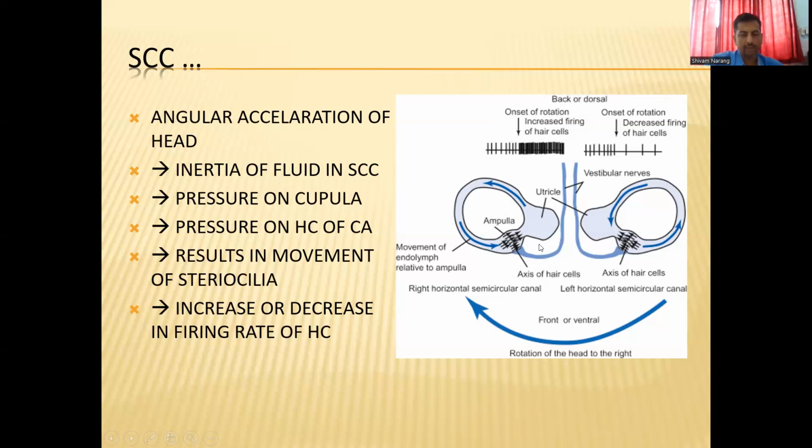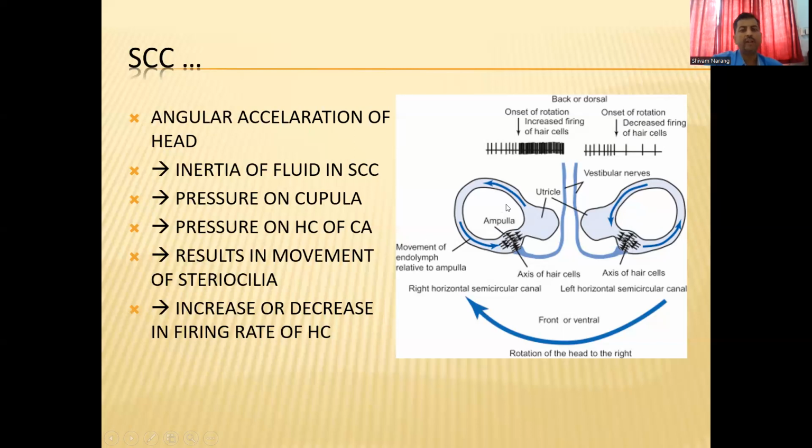At the same time, in the left lateral semicircular canal, there is a flow in the opposite direction, which we call ampulofugal. Ampulofugal flow will cause inhibition of the firing rate of the lateral semicircular canal. So movement of the head toward the right side will excite the same side lateral semicircular canal but inhibit the opposite side.